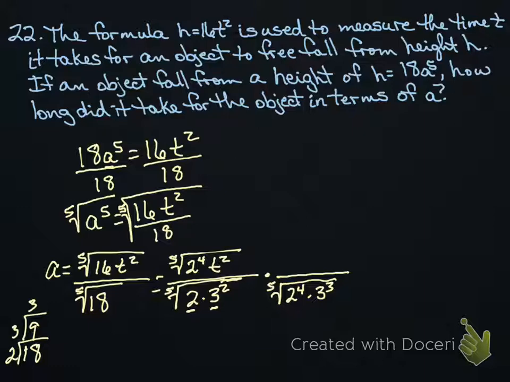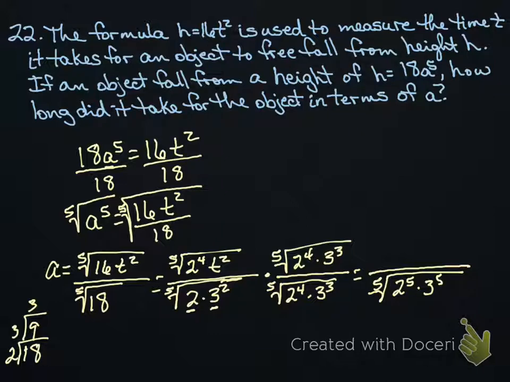I'm going to do that on bottom and on top. On bottom, that gives me the 5th root of 2 to the 5th times 3 to the 5th.